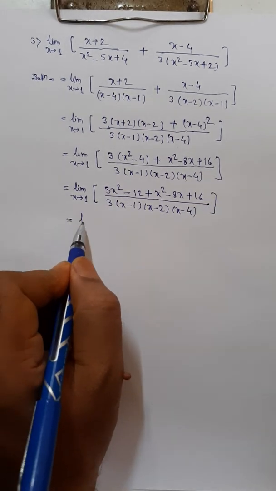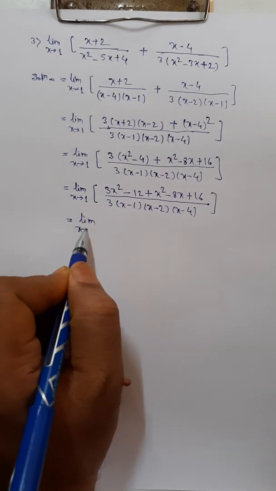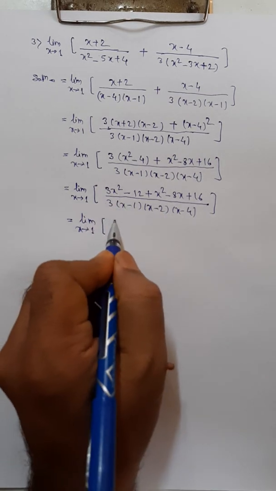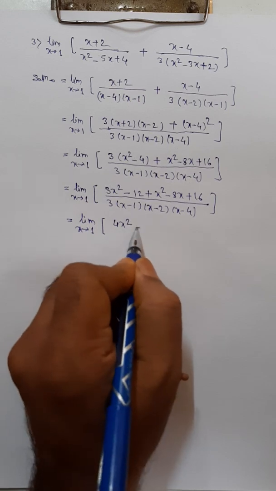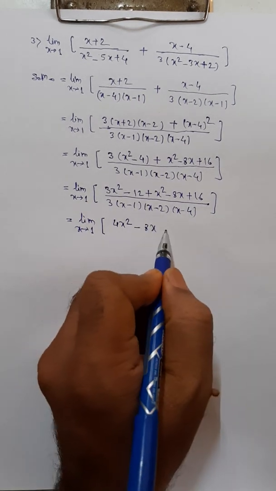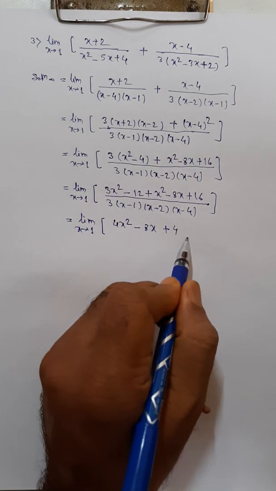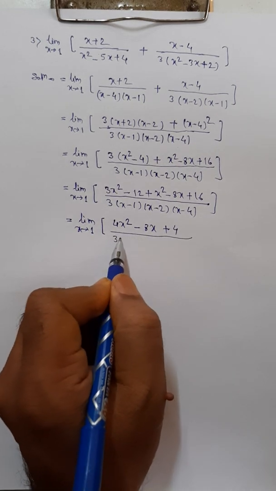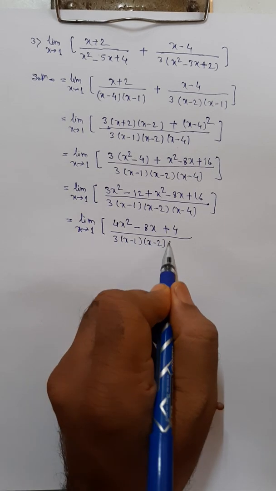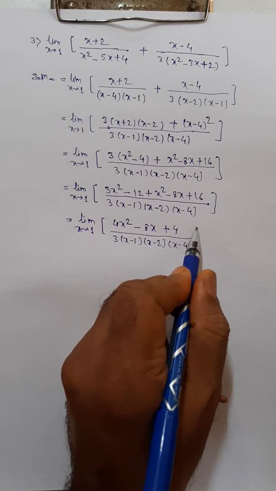So it is equal to limit as x tends to 1 in bracket 3x square plus x square, we get here 4x square, then minus 8x, then plus 16 minus 12, that is plus 4. Denominator again same, 3 into x minus 1, x minus 2, x minus 4.